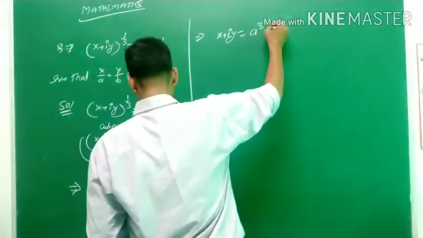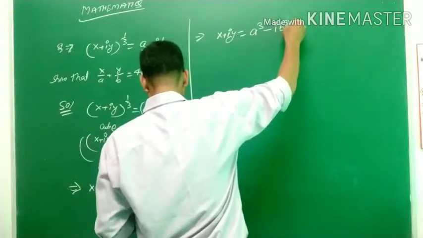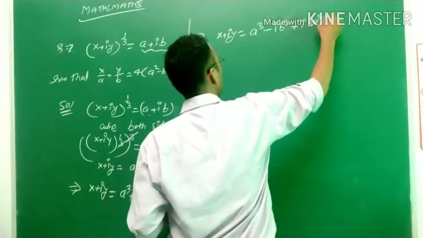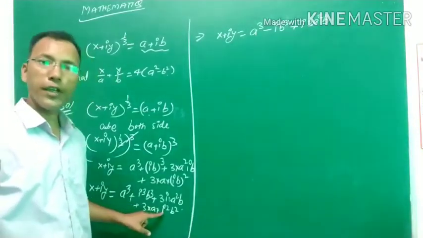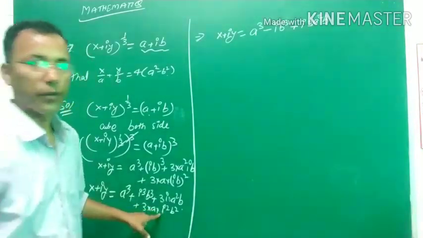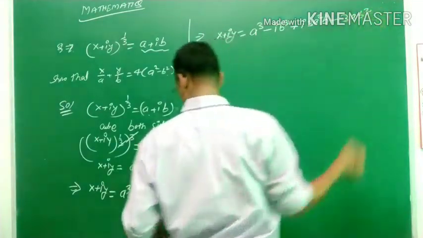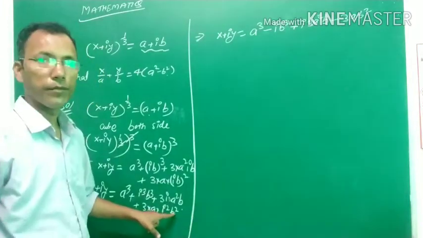So this is minus iota b cube plus 3 iota a square b. Here 3a iota square is minus 1, so I write minus 3ab square.